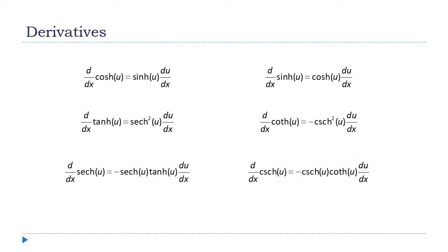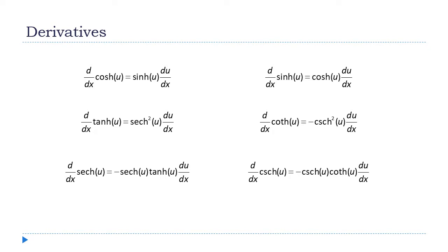I have the others here, and I've written them all out for you. You can try deriving these on your own. It's good practice, applying a lot of the derivative formulas we've been talking about. And if you're following along on the website, you'll see more of this in the practice questions there. Again, they really mirror the regular trig functions, except the plus and minus signs can be different.